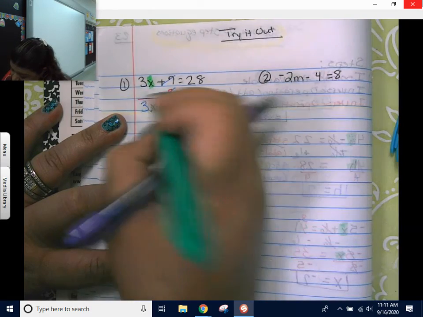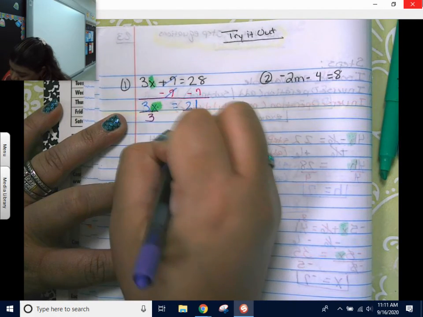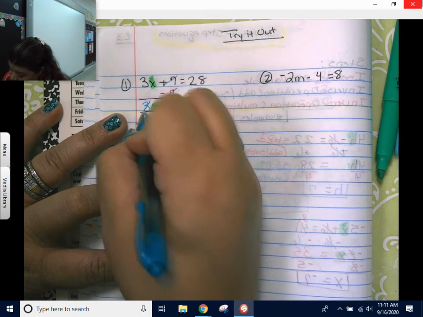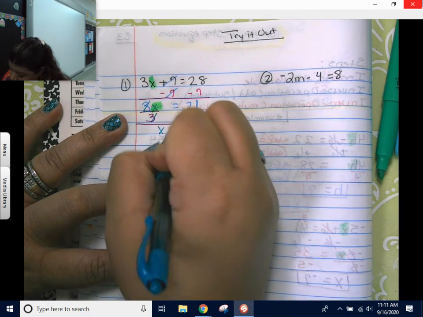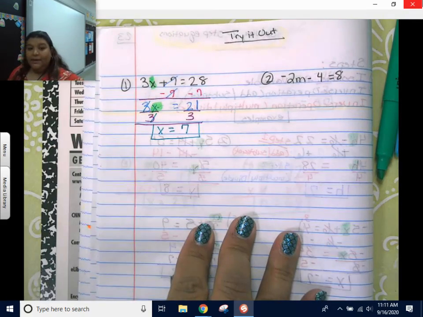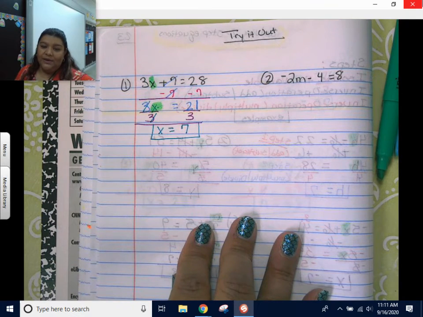So 3 times something gives me 21. So divide both sides by 3. And you should get x is equal to 7. Y'all get that? Once you master two-step equations, high school is going to be a breeze.